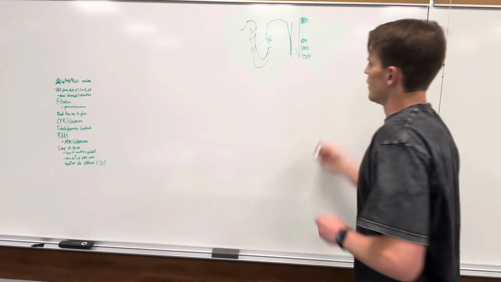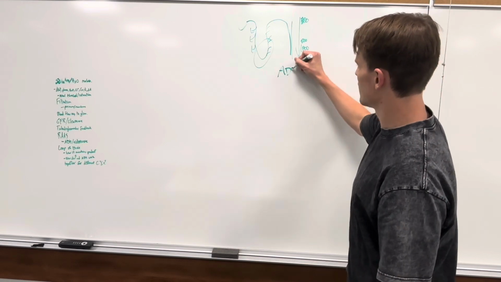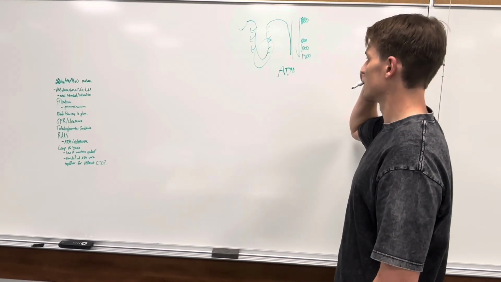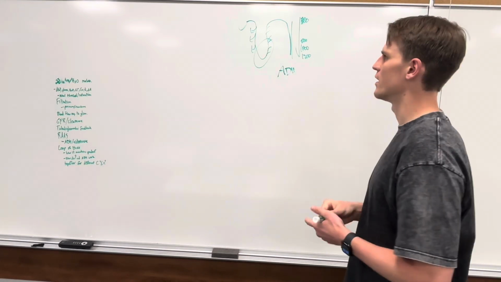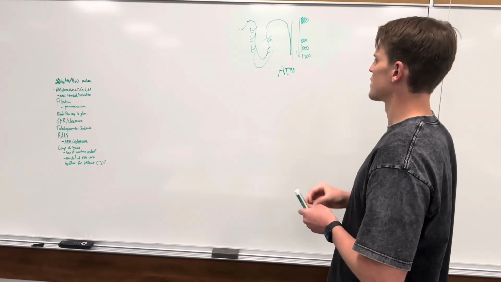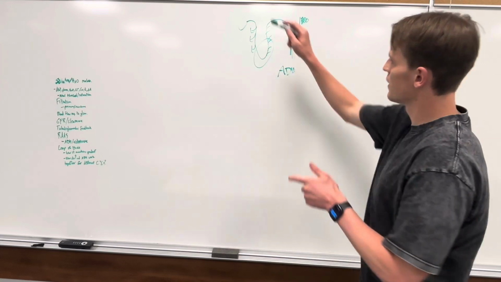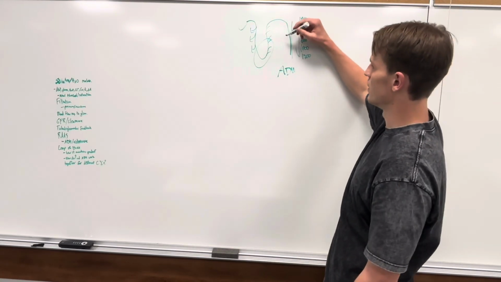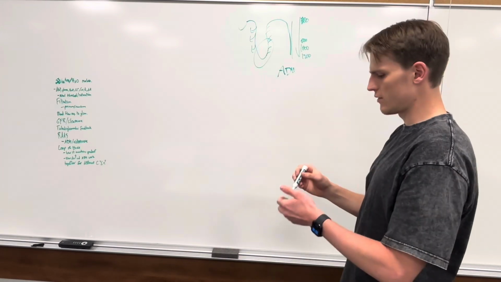Another thing that ADH does is it helps the collecting duct release more urea. Urea is created by the liver, and it is filtered by the kidneys. And so some of it is still in the blood, but some of it is filtered and some of it is excreted. Some of it's in the interstitial space here, and it's a lot more concentrated down here because of the actions of ADH.